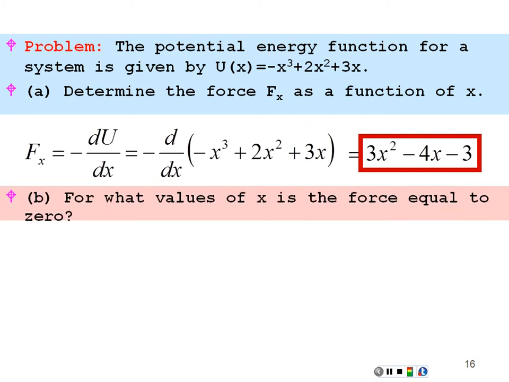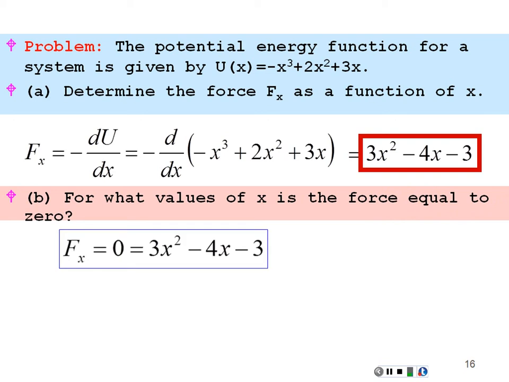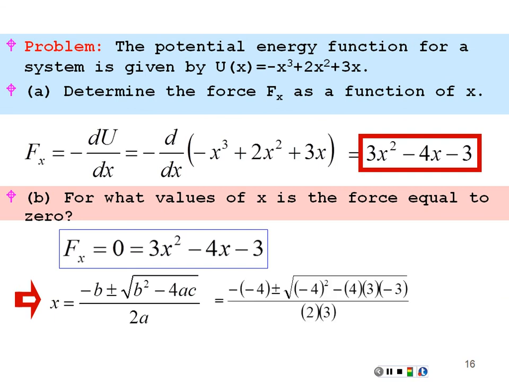For what values of x is the force equal to 0? Well, we'll set this force function to 0 and find out. Use the quadratic formula, since we have a quadratic equation. Negative b, it's going to be a negative 4, plus or minus the square root of b squared, negative 4 squared, minus 4 times a, which is 3, times c, which is a negative 3. We're going to end up with a negative in our numerator here, which will be plus.